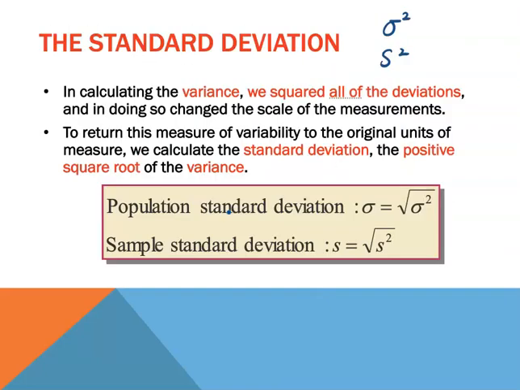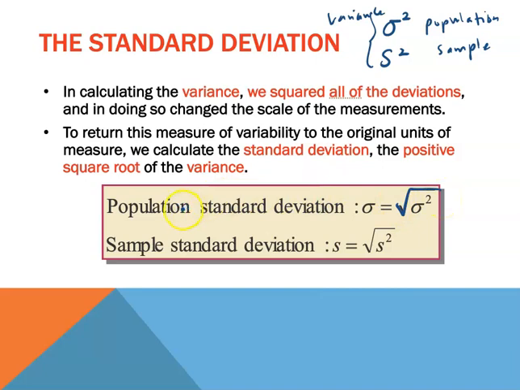So going back to variance, we have the population and we also have the sample. So this is called variance. We have another name, which is called the standard deviation. The standard deviation is basically the square root of the variance.